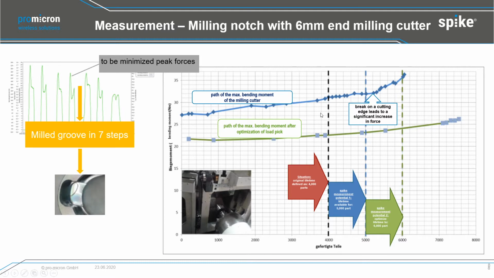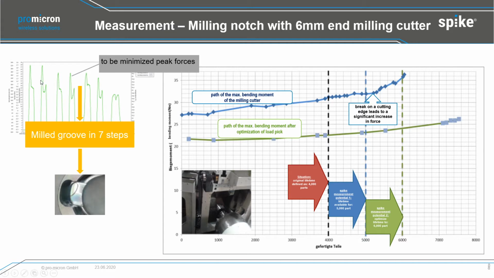He said after 4,000 parts, and he wants to increase the tool lifetime. So first we continued the operations with the same tool above 4,000 parts, and the first feedback we got was we can still use the tool even after 5,000 parts, but afterwards the tool was wearing out too fast, and here we reached the end of tool lifetime.